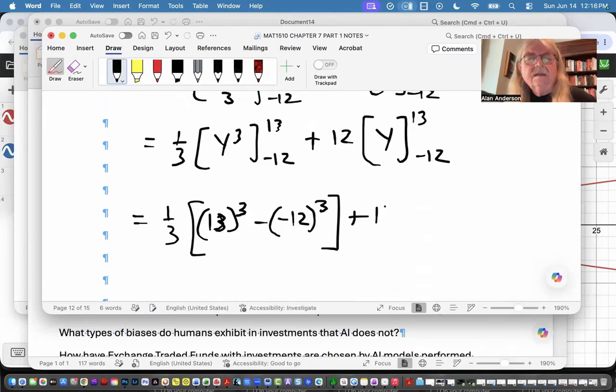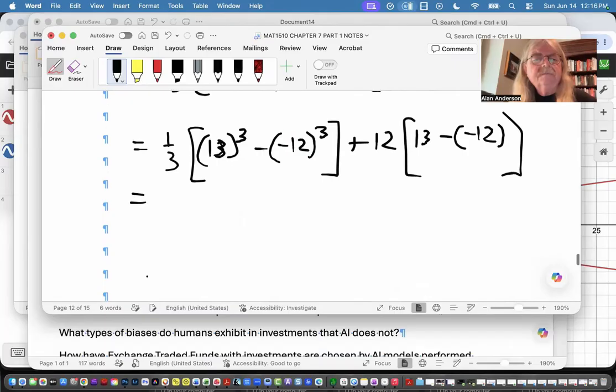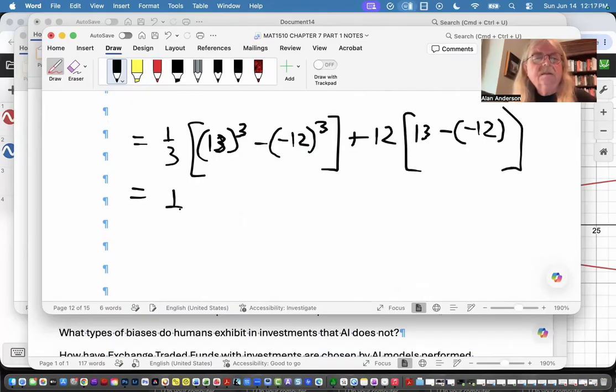Okay, great. All right. Now, 13 cubed is 2197.